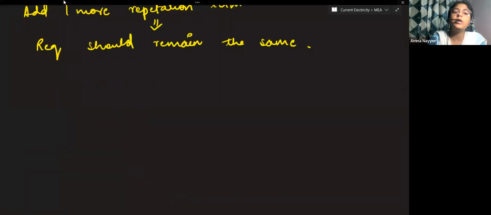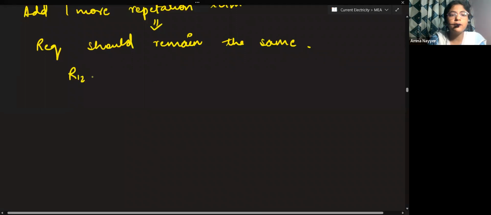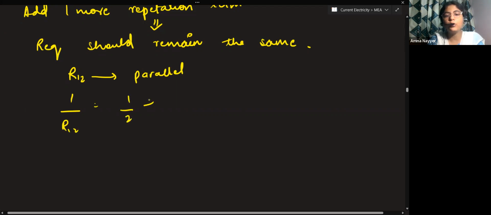But here we'll actually be solving it. So this becomes R12, connected in parallel. So 1 by R12 becomes 1 by 2 plus 1 by capital R. Their LCM is 2R, that becomes 2 plus R divided by 2R.